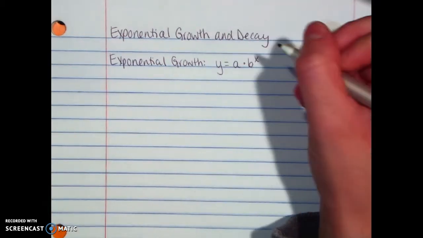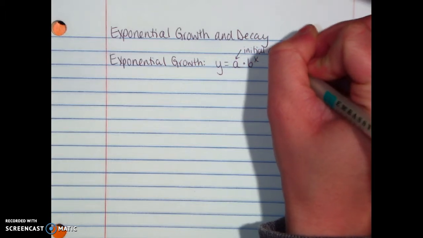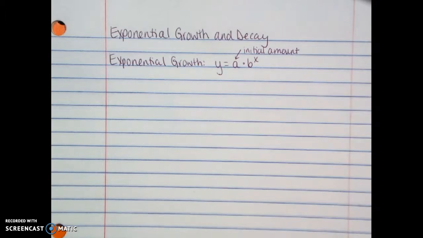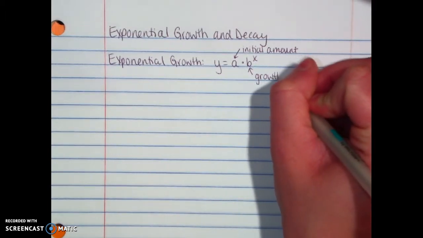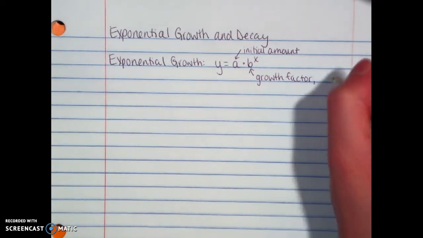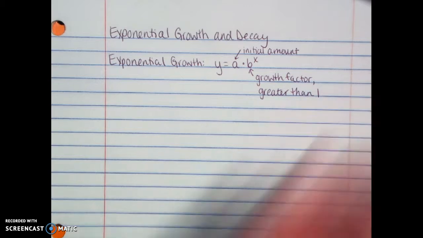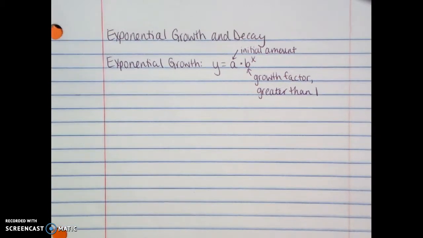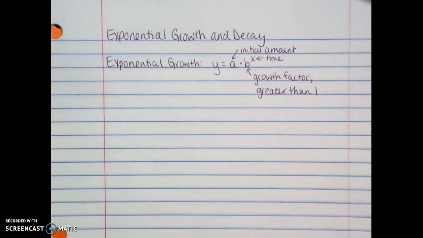The a is the initial amount, or the starting amount, and b is the growth factor, and it is greater than 1. And x is the time. And that'll make more sense once you see a word problem here in a couple minutes.